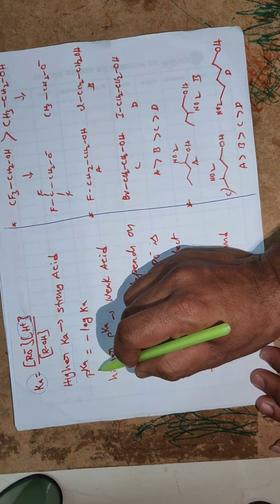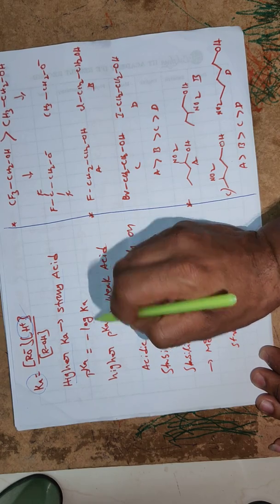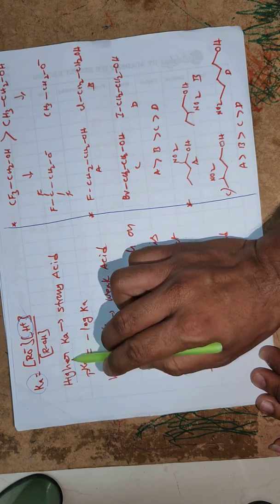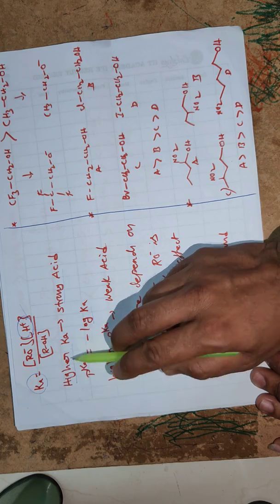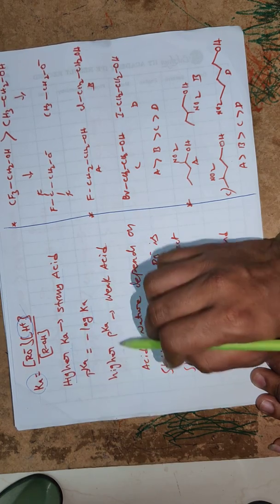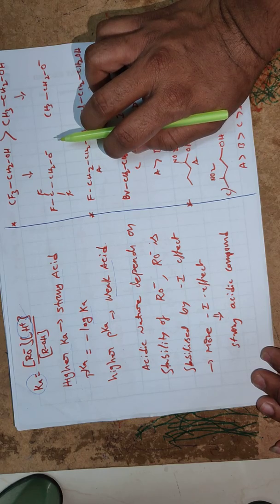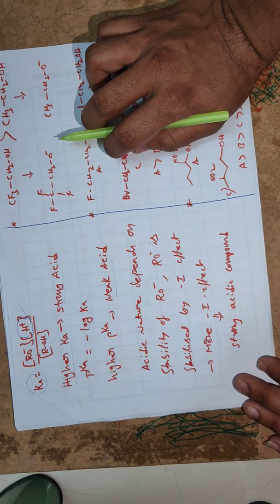Next, the pKa value is the negative logarithm of the Ka value. So the higher the Ka value, the lower the pKa value. Higher Ka means stronger acid, and lower pKa means stronger acid. Higher pKa means a weaker acid because it is the negative logarithm of the Ka value. Of course, you studied this in the equilibrium topic.